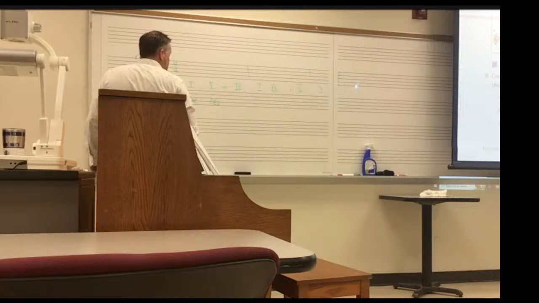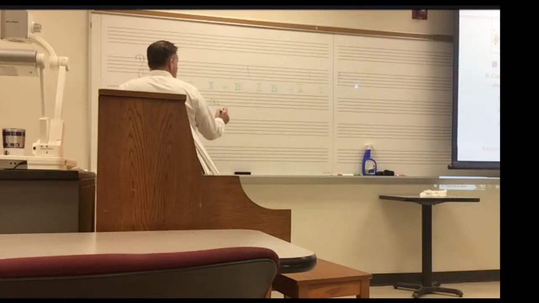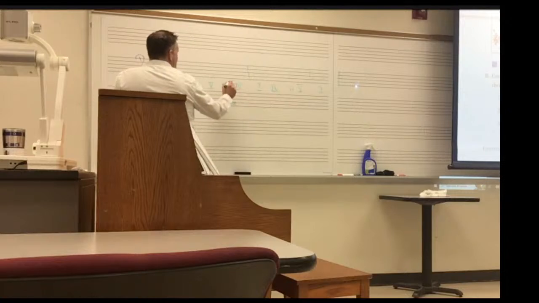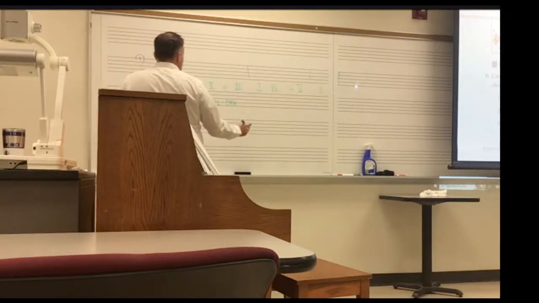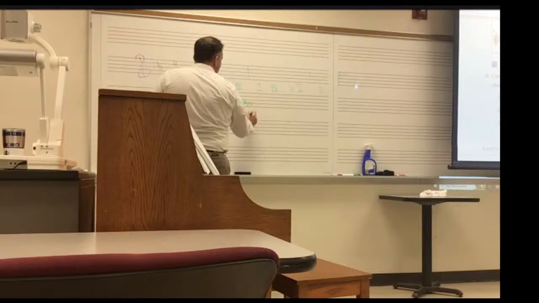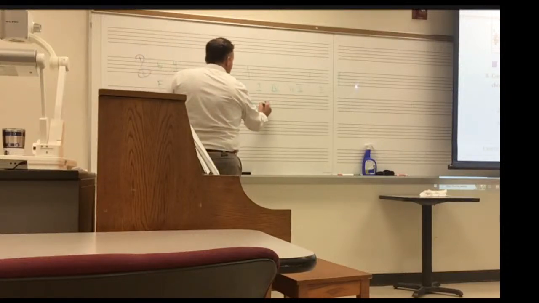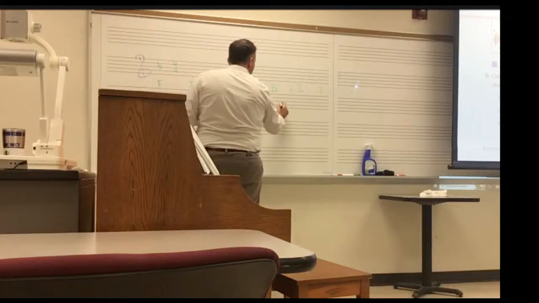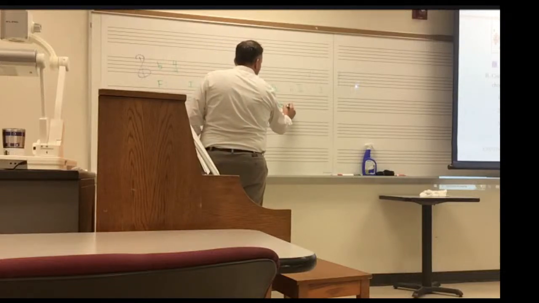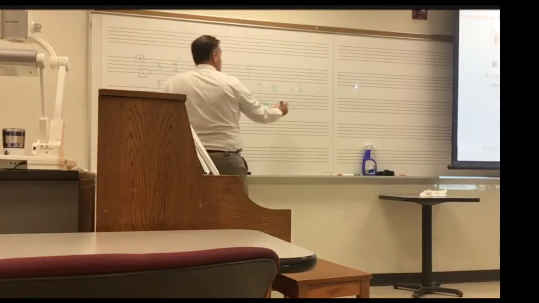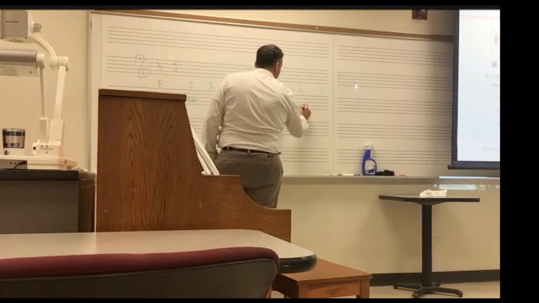D, F, A. 4 chord: B flat, D, F. 1 chord, back to F, A, C. 2 chord: G, B flat, D. And 5 chord, back to C, E, G, and 1 is F, A, C.